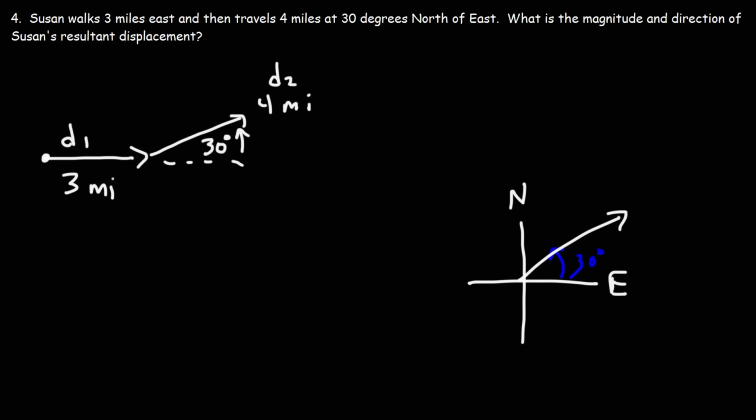So D1 is a horizontal vector. That means it has a horizontal component, but no vertical component. So D1x is 3 miles. The y component of D1 is 0.